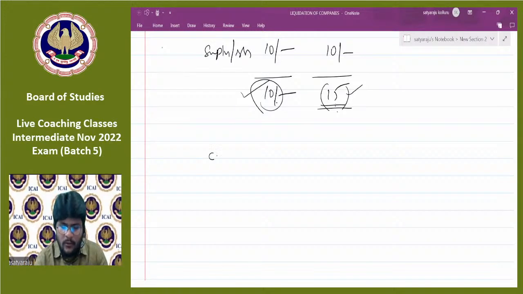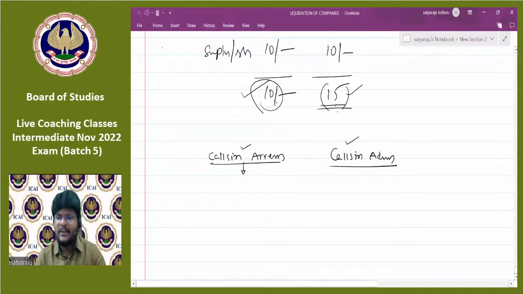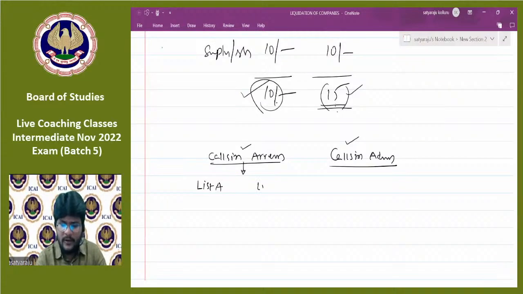Sir, what about calls in arrears and calls in advance, if such issues are there under the liquidator's final statement or at the time of making final settlement to the various parties? What should we do? One thing, guys: if calls in arrears are there, then a separate concept I need to discuss. For that purpose only, the list A contributories and list B contributories concept is there.